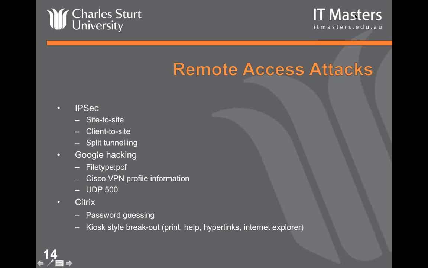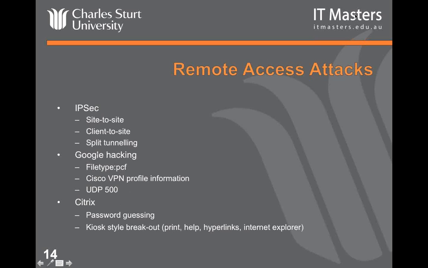If you had an HVAC vendor who was connecting to your site with a site-to-site VPN, such as there was in Target, you would want to have a look at that to make sure that they only have access to the things they need access to, and they're doing some sensible authentication as well.